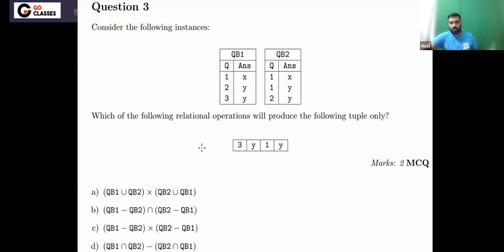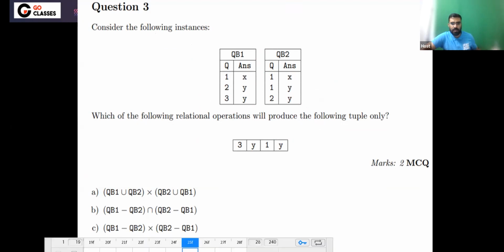One thing you can notice: which operation has the power to produce this tuple? Just tell me, a simple question I'm asking. If you look at this type of tuple, remember you have 2 attributes here and 2 attributes here.